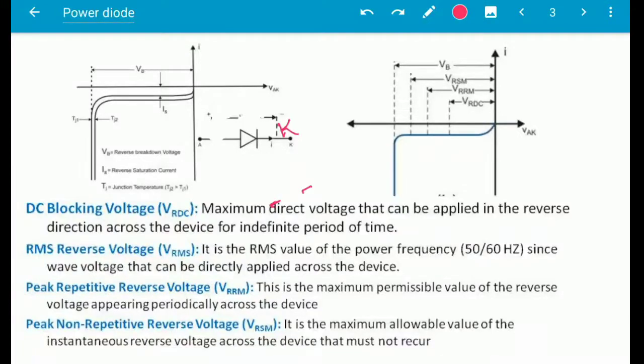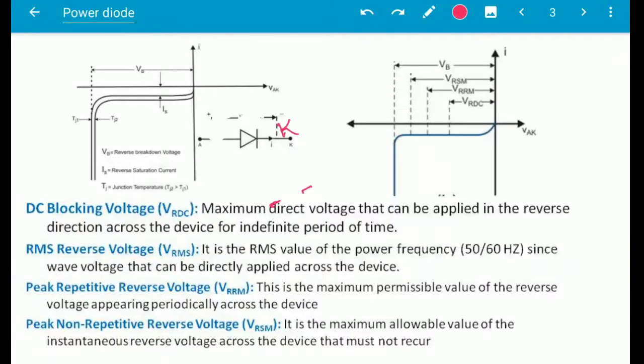It is the RMS value of a power frequency sine wave voltage that can be directly applied across the device. Next comes the peak repetitive reverse voltage. This is the maximum permissible reverse voltage appearing periodically across the device.